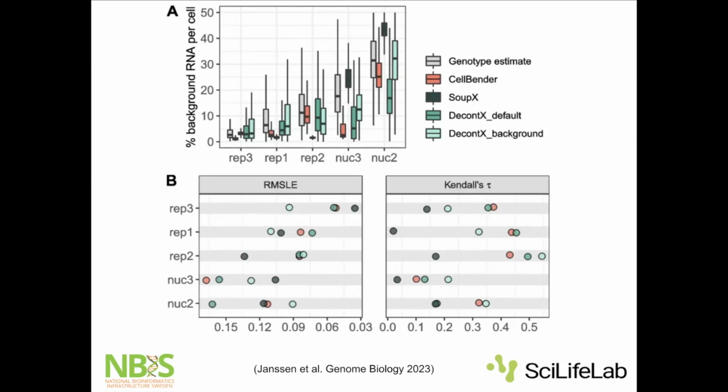You also get these statistics on the amount of background per cell that you can use. And it also runs this barcode rank plot. I should have included a picture, I realize.